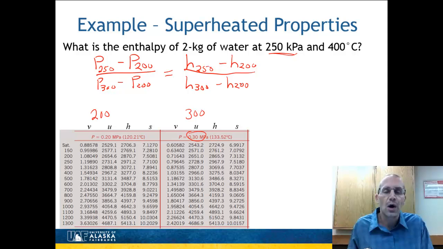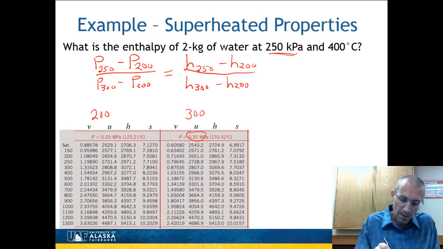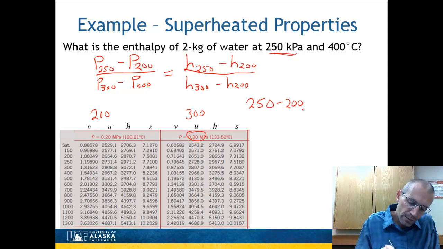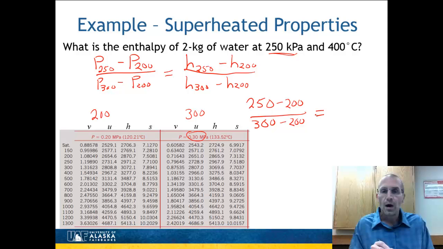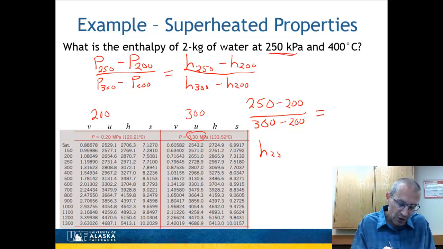This is kind of the idea of similar triangles. So if I put these into this problem, I have 250 minus 200 over 300 minus 200, and that's equal to, I'll put my enthalpy below that, what I'm solving for, which is H at 250 minus H at 200.